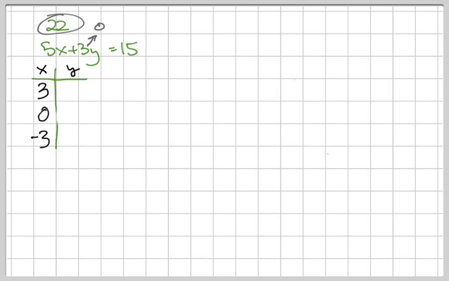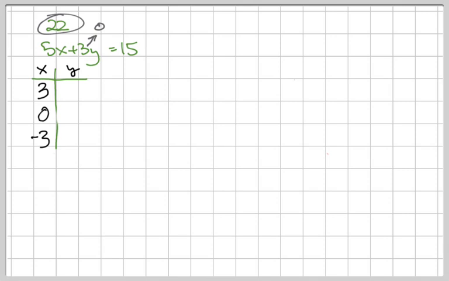Now, for these, they didn't give us a table anymore. So, for whatever reason, I put 3, 0, -3 in there. I think there was a reason for it. You can plug in whichever value for x that you want to and then find the missing y value.